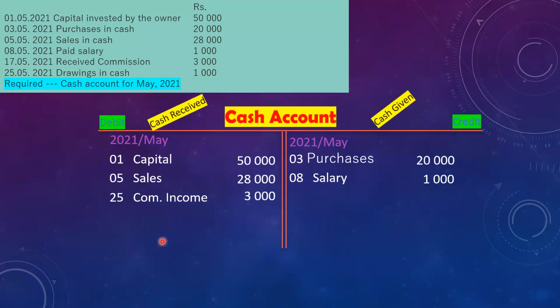So, commission income, not just commission. If you put commission, you are 100% wrong. Don't write it. Commission income, or else you can say commission received, no problem. Either the income or received word must be there. I hope you understand the meaning of must, right?